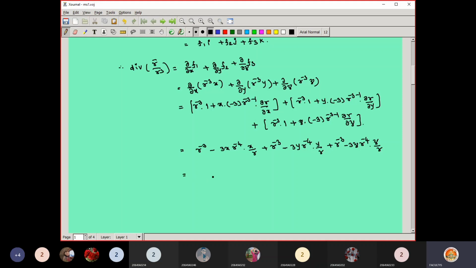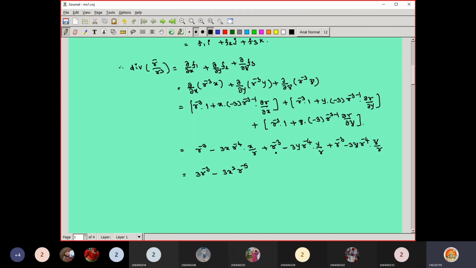So just to do the simplification, r power minus 3, we have 3 terms. So 3 r to the power of minus 3, and here I am just making the simplification for this, minus 3x and x is there. So it becomes 3x square. Denominator r, if I take to the numerator, r to the power of minus 5.